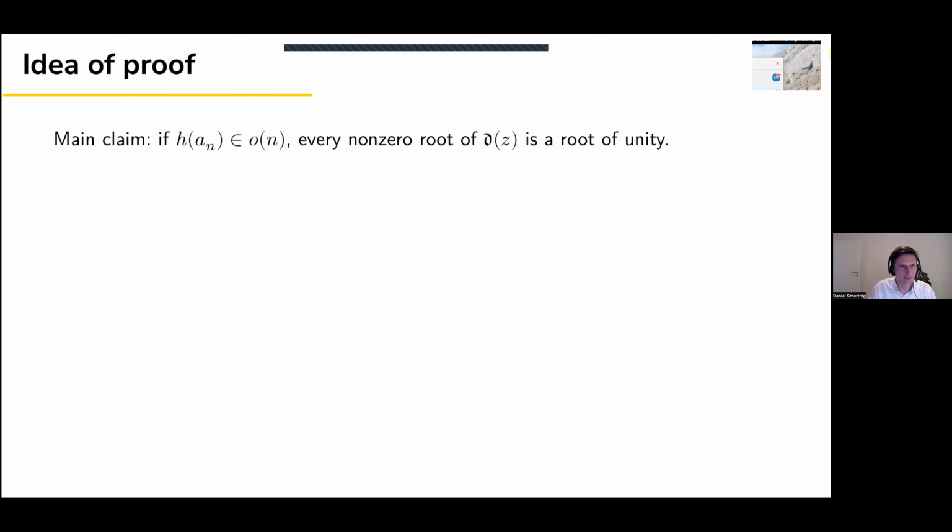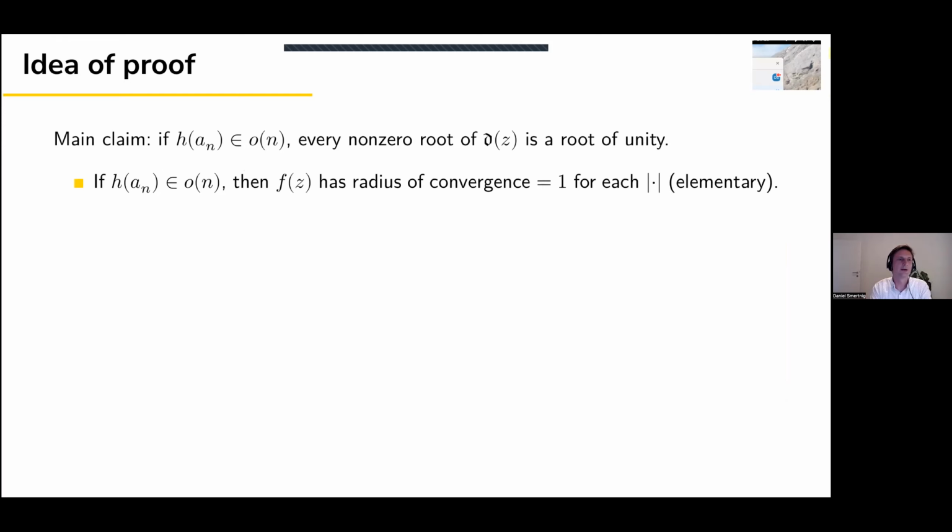I want to at least give you the idea of the proof here. So the assumption is that the heights asymptotically are in little o of n. And we want to show that every non-zero root of the K-Mahler denominator is a root of unity. So what is easy to show is that in this case, the power series has radius of convergence exactly 1 for each of the absolute values. So this is just this square root criterion for the convergence radius.